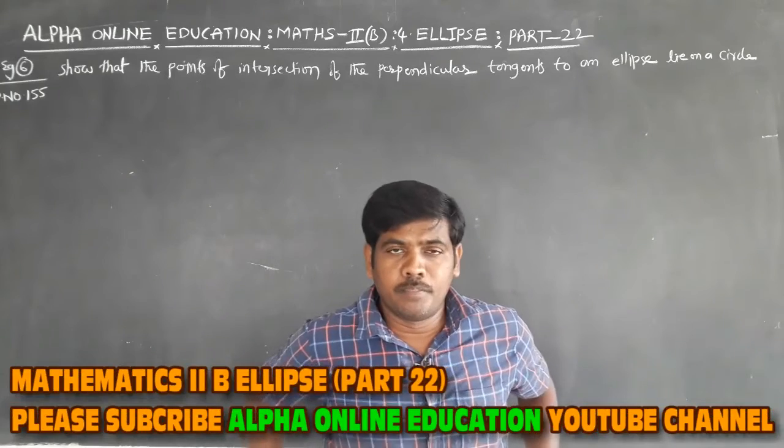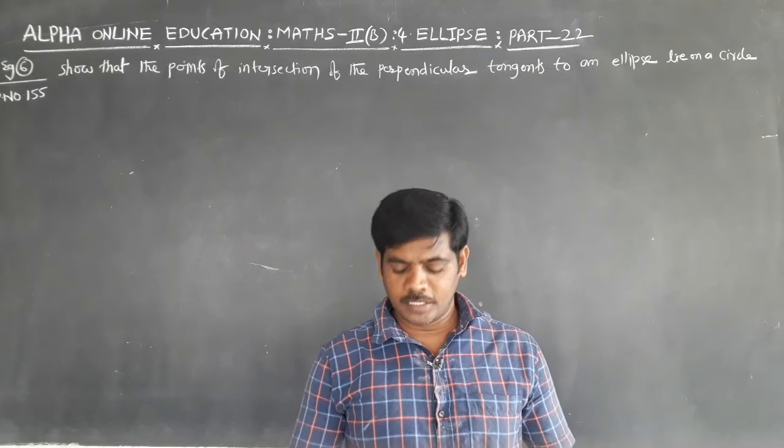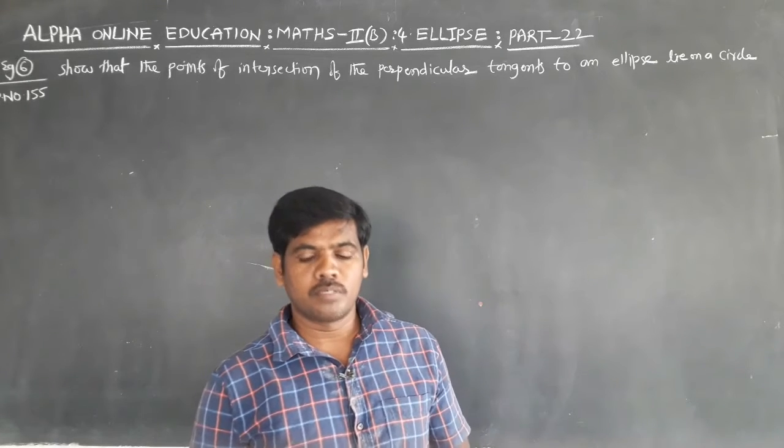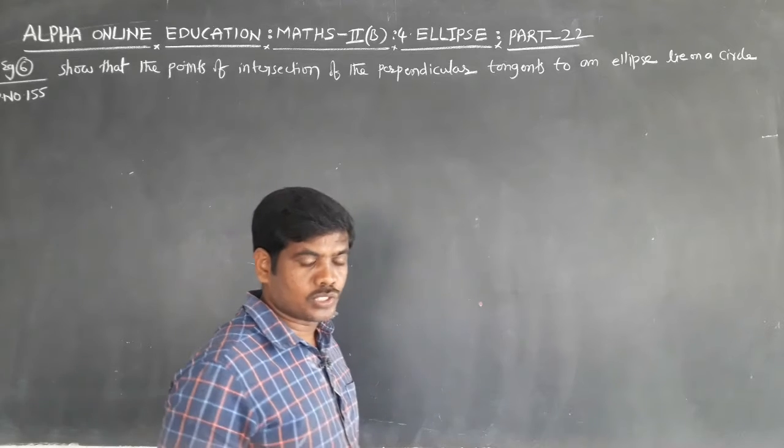One most important problem, Mathematics 2B, fourth chapter, ellipse, example number 6, page number 155. Most important question.